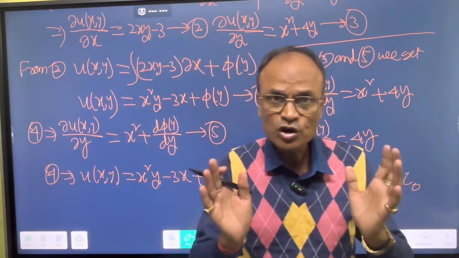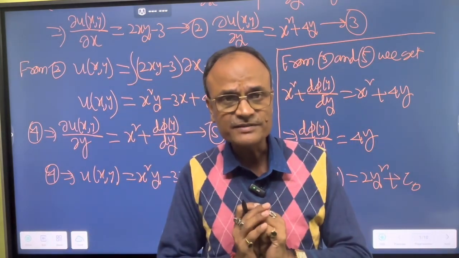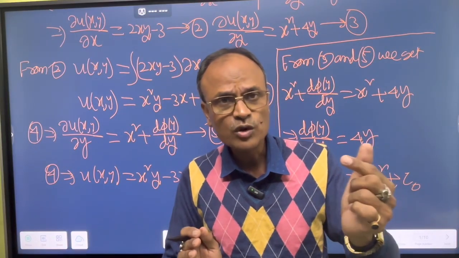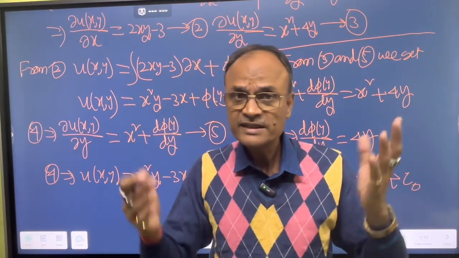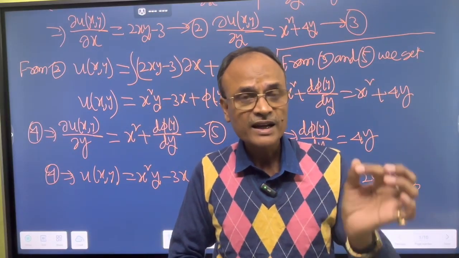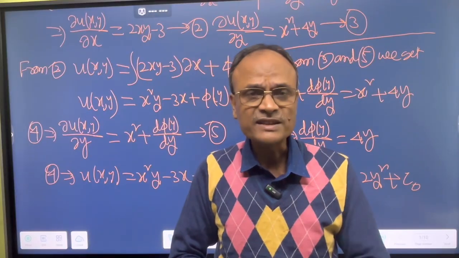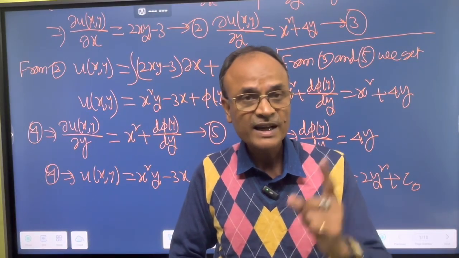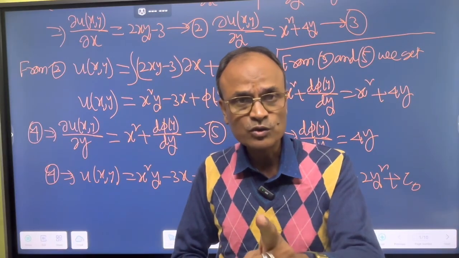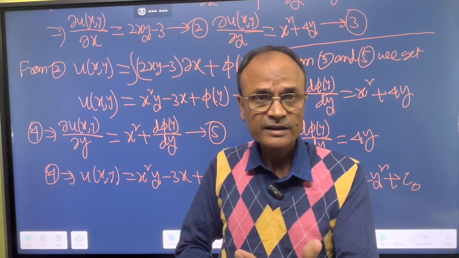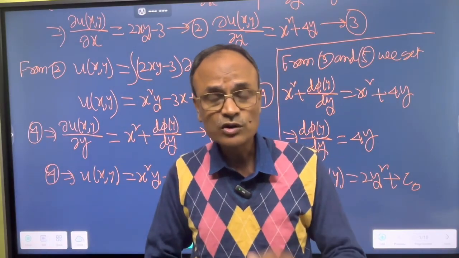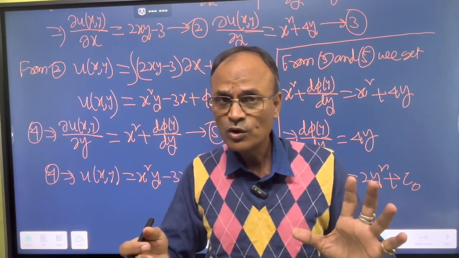Now the solution of the differential equation is u(x,y) equal to constant. Why? Since the differential equation is exact, by the definition of exactness, M dx plus N dy should be equal to du. Now the differential equation is M dx plus N dy equal to 0, which is du equal to 0.